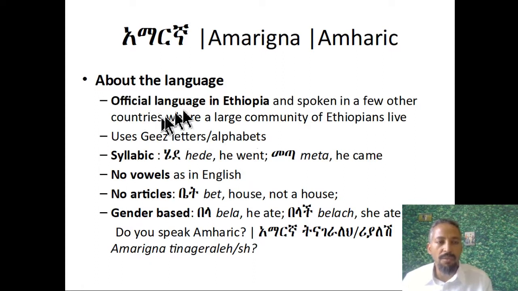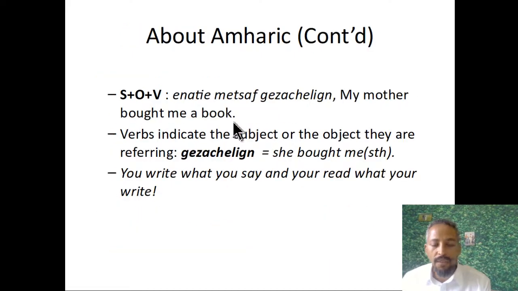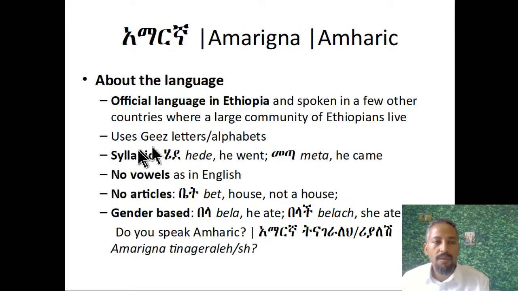Last time I talked about how Amharic is the official working language of the Federal Democratic Republic of Ethiopia, and it uses these letters or alphabets. It's syllabic or phonemic, which means every distinct sound is a combination of a vowel sound and a consonant sound.